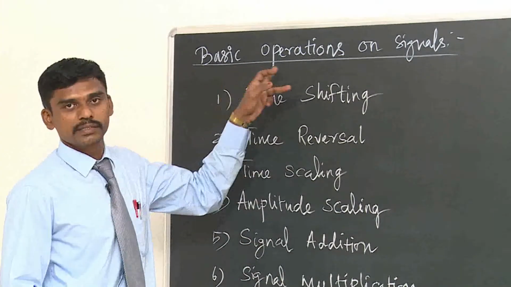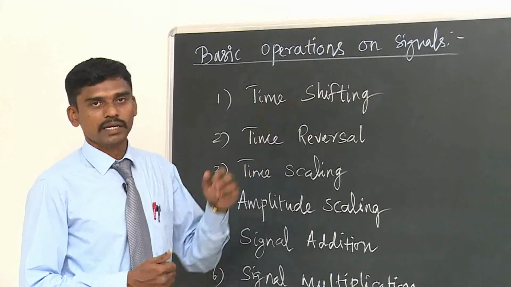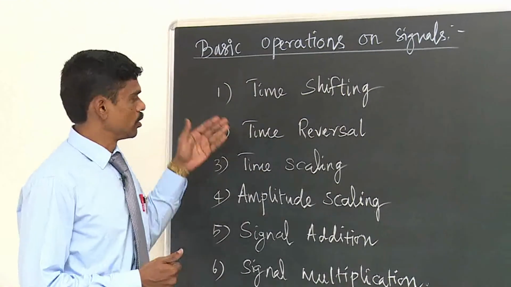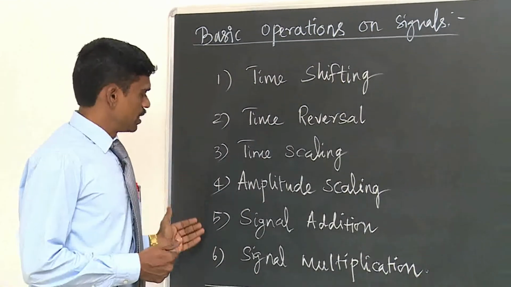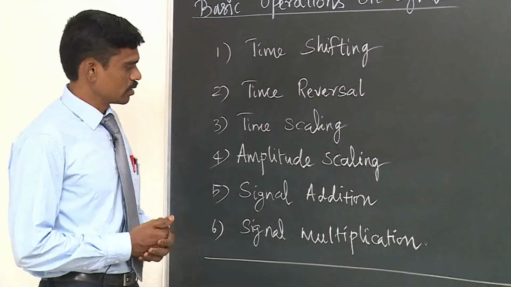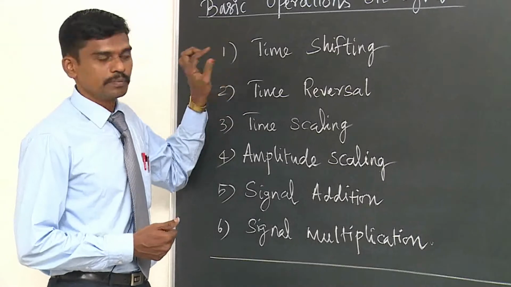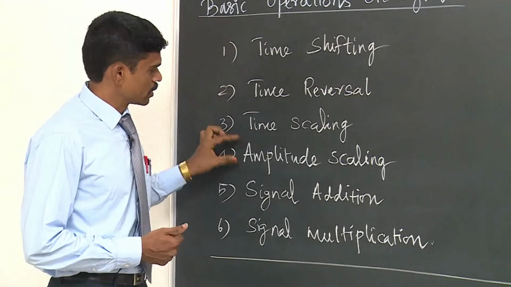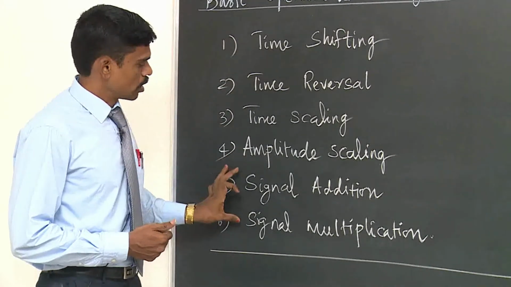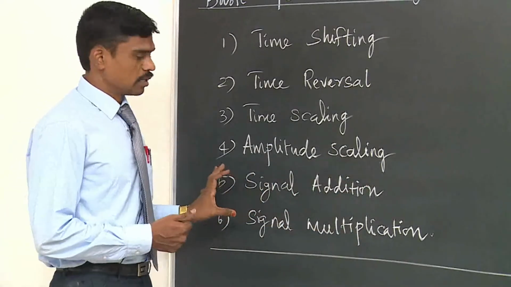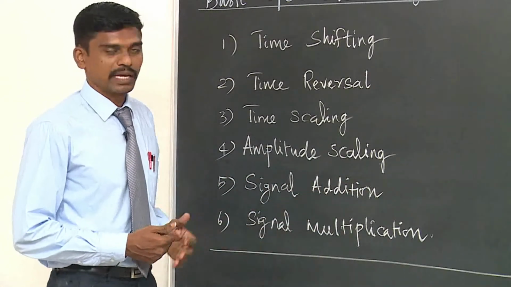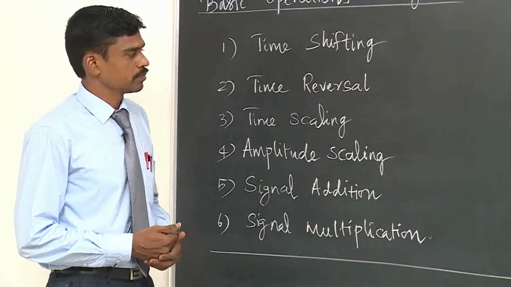Today we are going to discuss basic operations on signals. I have listed the basic operations on signals. Signal operations can be performed with respect to time or with respect to amplitude, and we can also perform arithmetic operations like addition and multiplication on the signals.